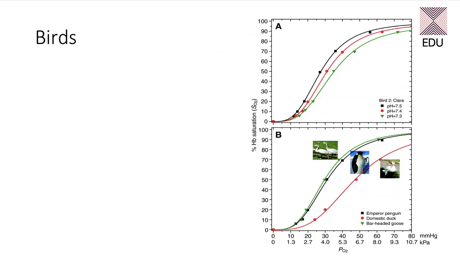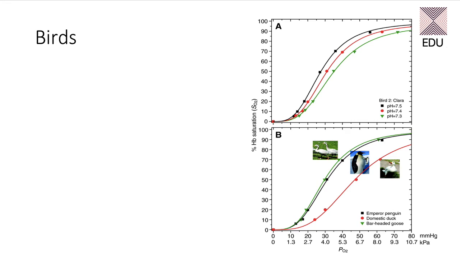Now, this graph shows the oxygen dissociation curves in some birds. If you see the first graph, the upper graph A, this is for the bird Clara. Here, three graphs are given.